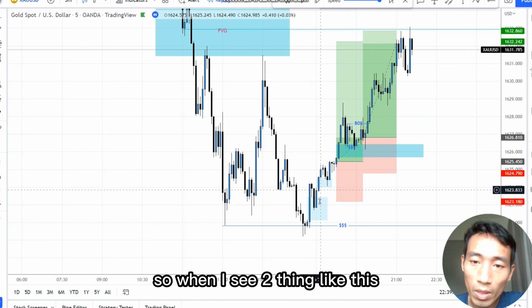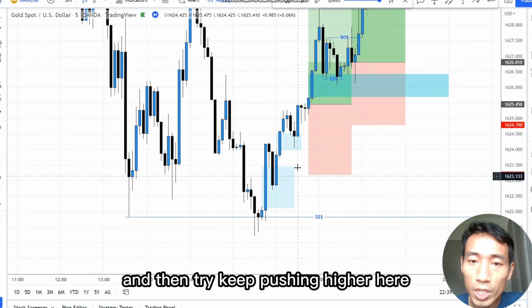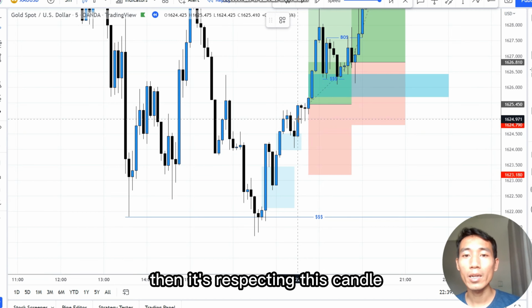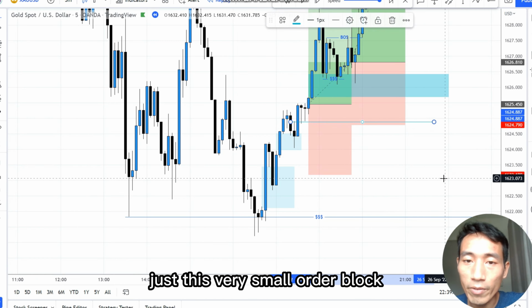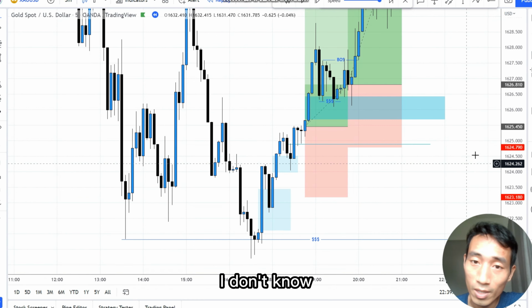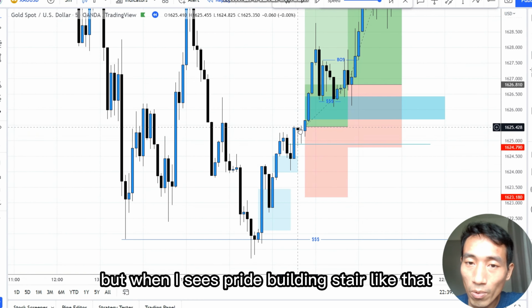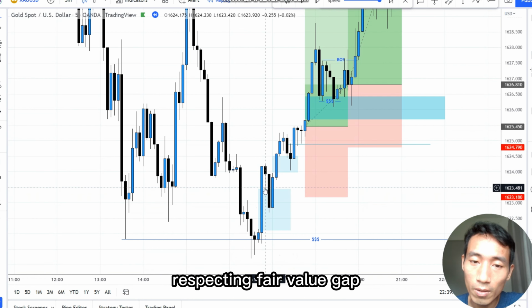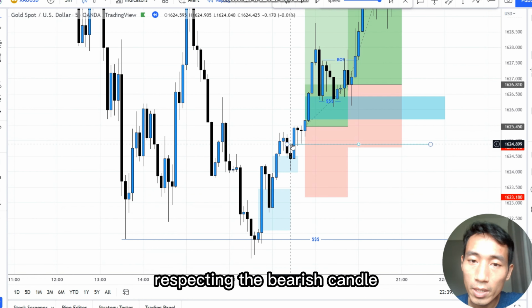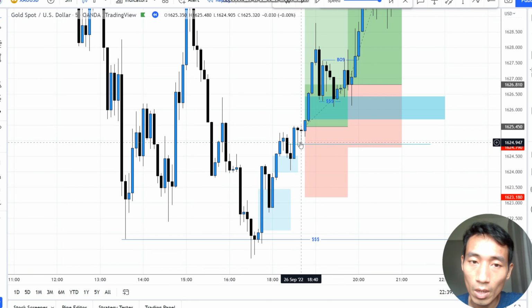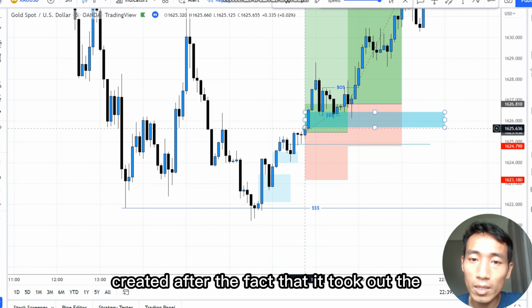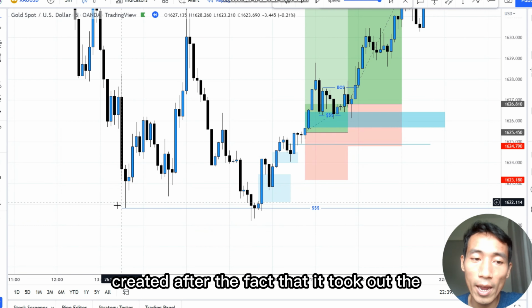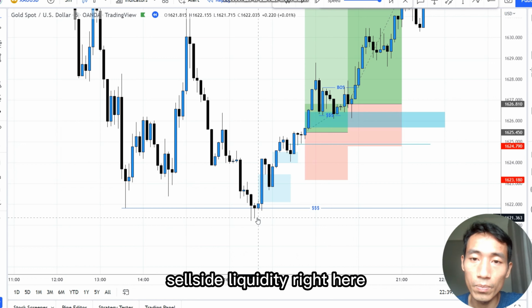So when I see two things like this, and then price keeps pushing higher here, and then it's respecting this candle, this very small order block, or even not considered an order block, I don't know. But when I see price building stairs like that, respecting fair value gap, respecting the bullish candle, and this movement created after it took out the sell side liquidity right here.